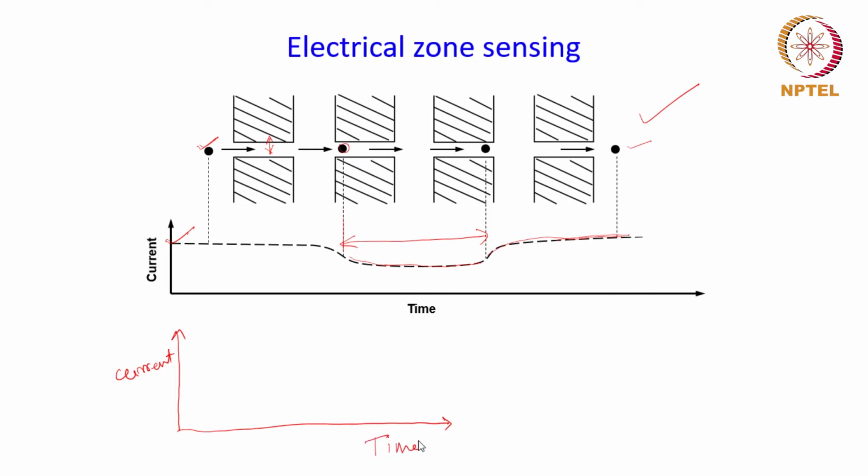If you see the change in the current with respect to the size of the particles, the variation could be something like this.